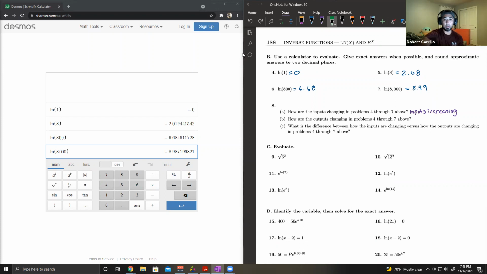So we went from 0 to 2 to 6 to 8. So we can say outputs are increasing as well. But are they increasing at a smaller rate? Because look what we have: 1, 8, 800, 8,000, and then you have 0, 2, 6, 8. So definitely increasing at a very, very much smaller rate.